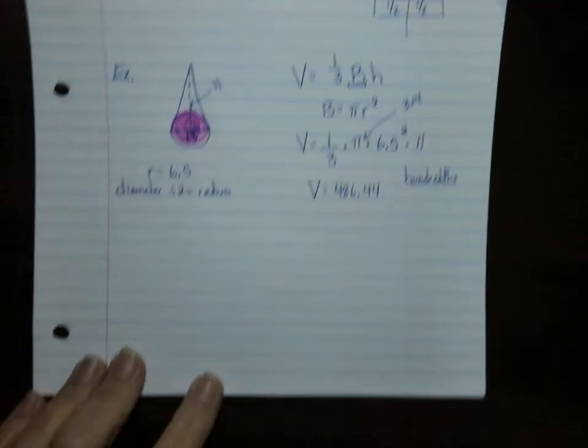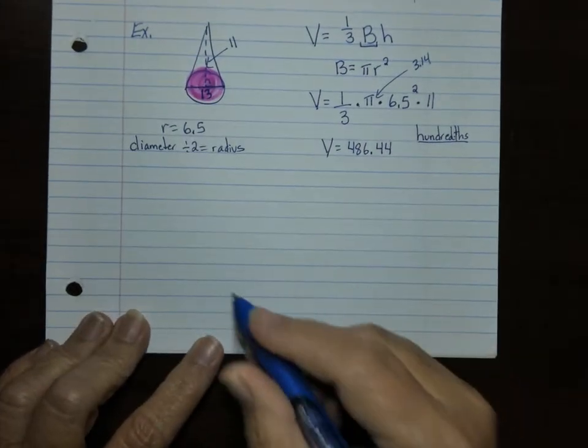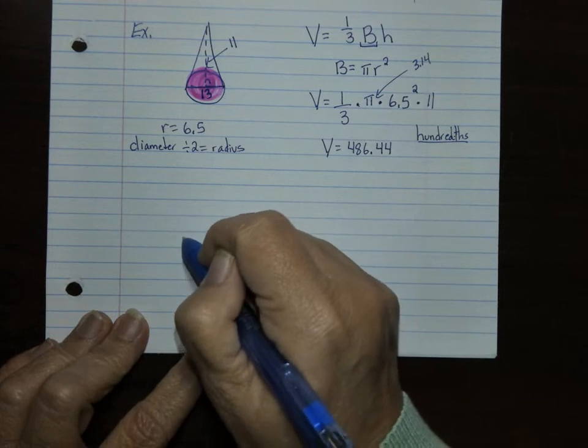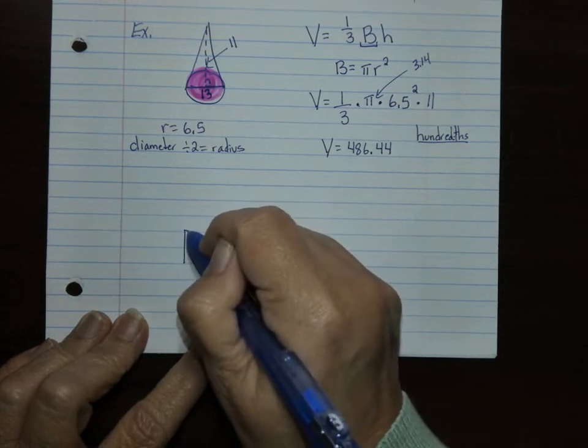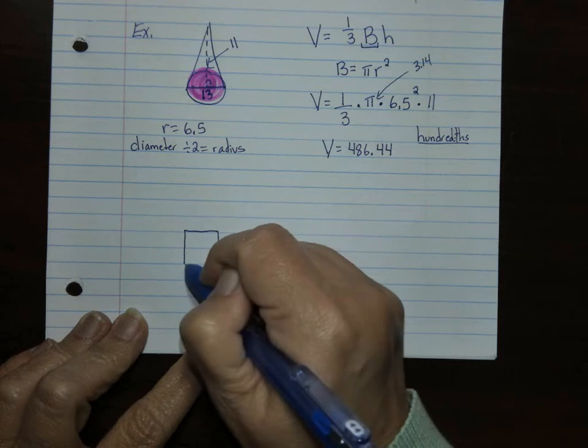Alright, let's do another shape. Let's do a square pyramid. Let's start by drawing a square.